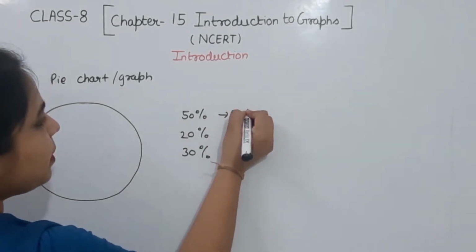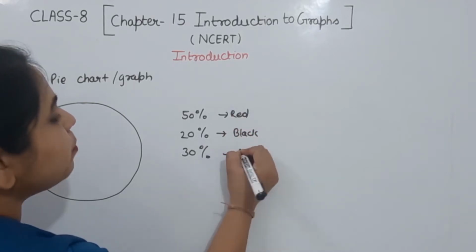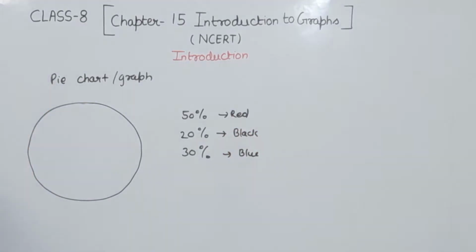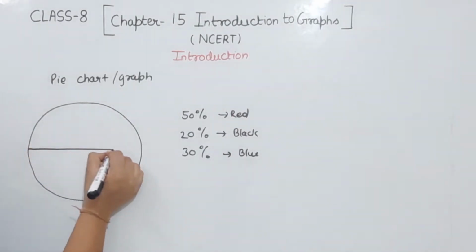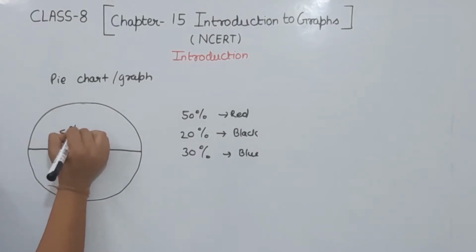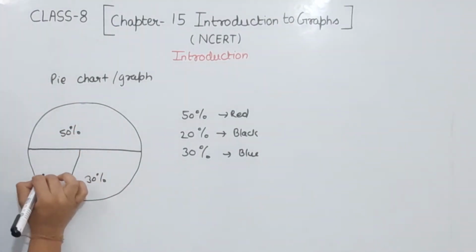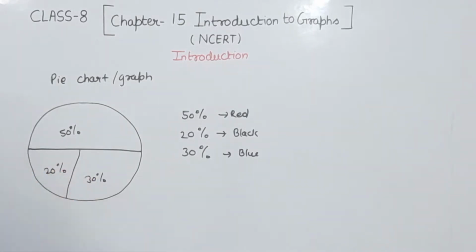Red is liked by 50% of people, black is liked by 20% of people, and blue is liked by 30% of people. Now we show this on the circular form. This one represents 50% likeness, this one is the 30%, that is the blue, and this one represents the black one. This way of representing the data is called the pie chart.